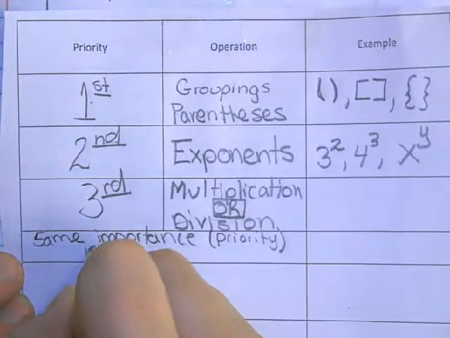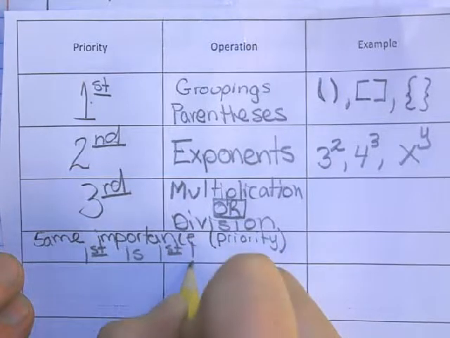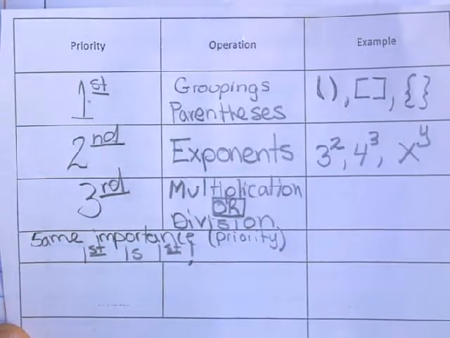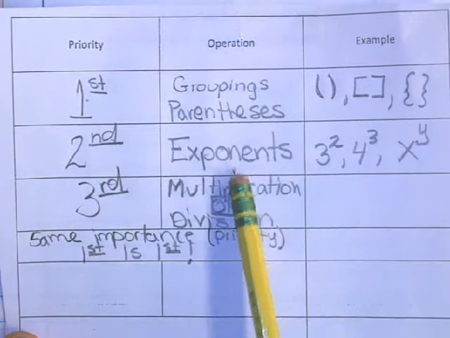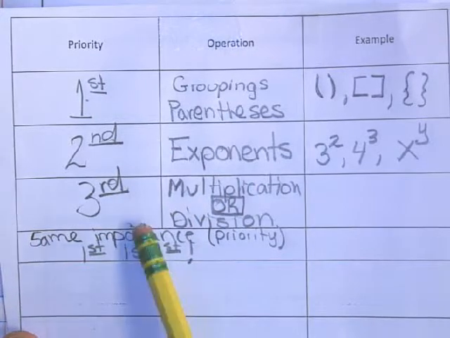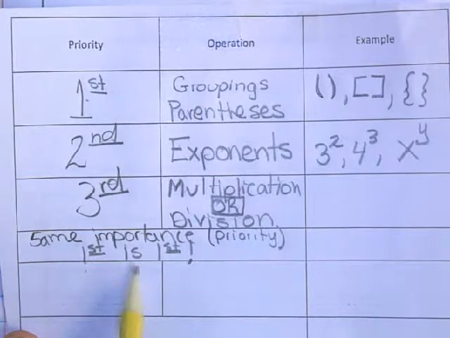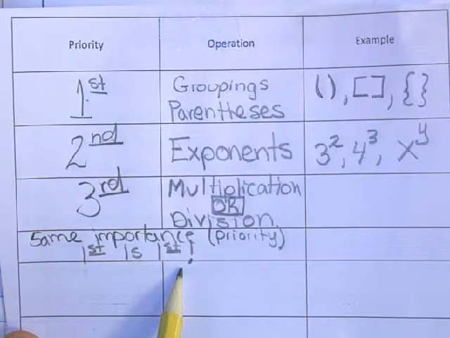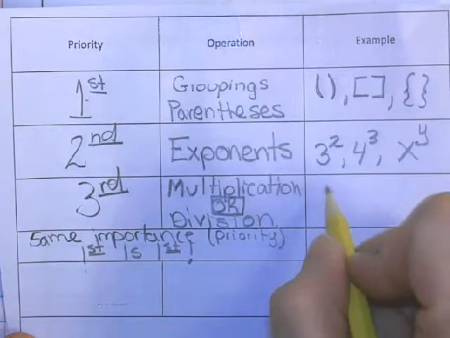First is first. So that means multiplication and division are the same importance level. It's not multiplication first and then division. It's not division first then multiplication. You do whatever comes first. So first is first. If multiplication comes first in the problem, you do multiplication. If division comes first in the problem, you do division.